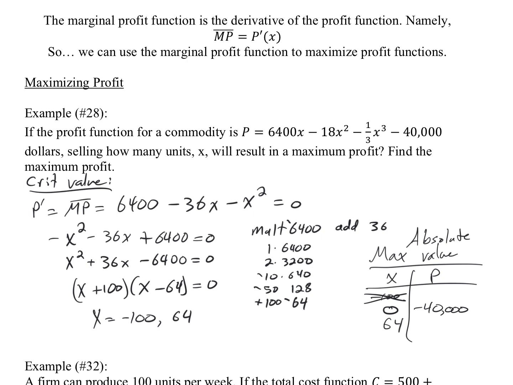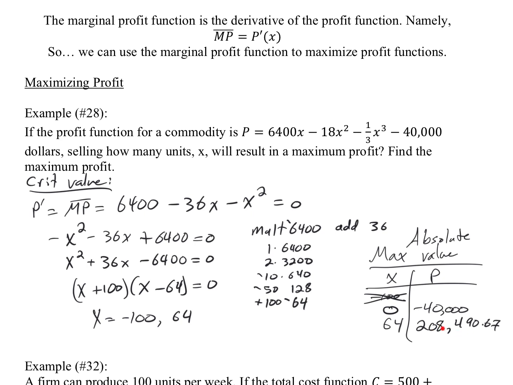What happens when we plug 64 into the function? I get $208,490.67. Now, we have not shown that this is a maximum.